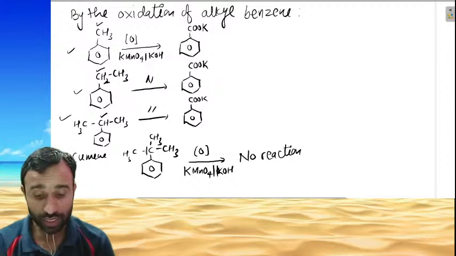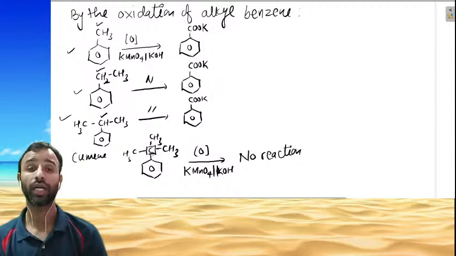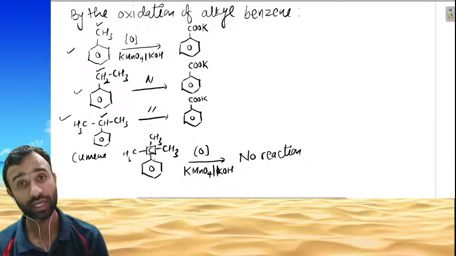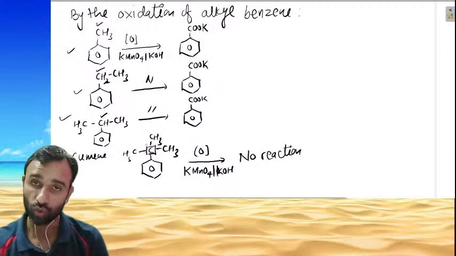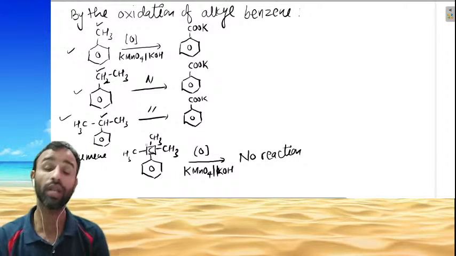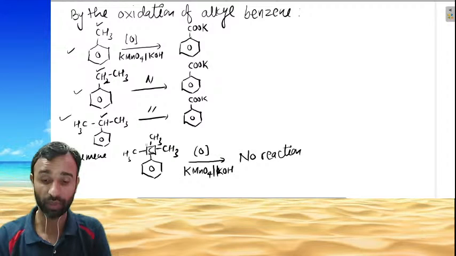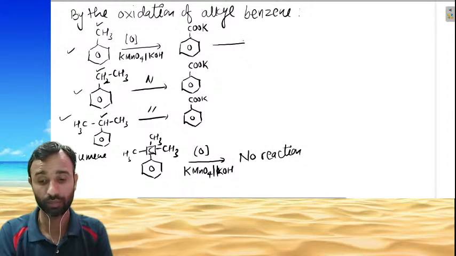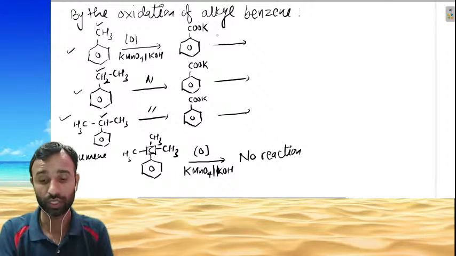See, in this case, benzylic carbon attached to ring, directly attached to ring, that is called benzylic carbon. If benzylic has no hydrogen, no reaction takes place. Oxidation does not take place. समझ गए? That is the main thing about it.